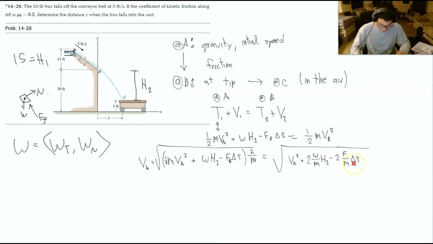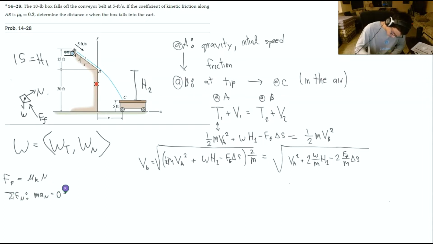Now the force of friction, we don't know what the force of friction is. So the way we can, no, okay, so the force of friction is equal to mu k times normal force. Well, what is the normal force? Well, if we take the sum of the forces in the normal direction, so m a_n, well, that's equal to 0, but it's equal to the normal force minus the weight in the normal direction. Okay, and I had it earlier, but I'm going to try to explain this better.